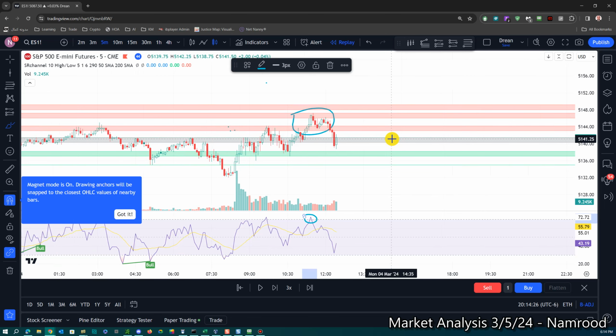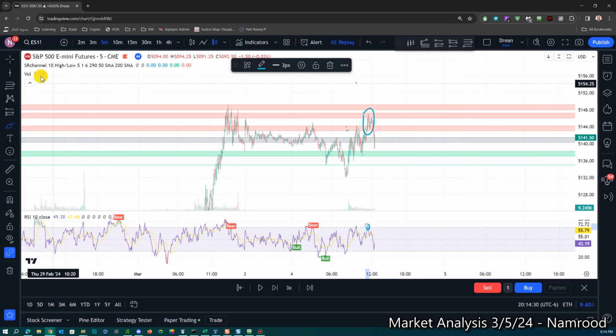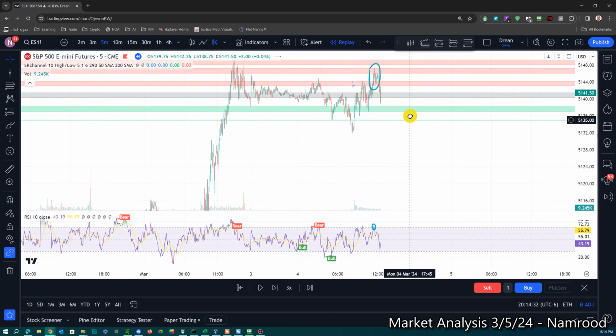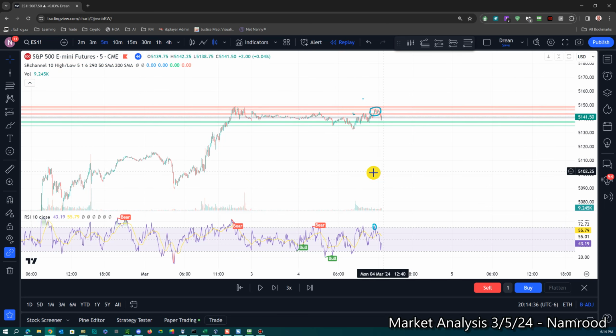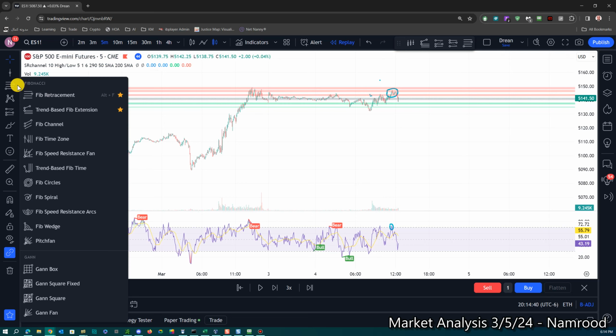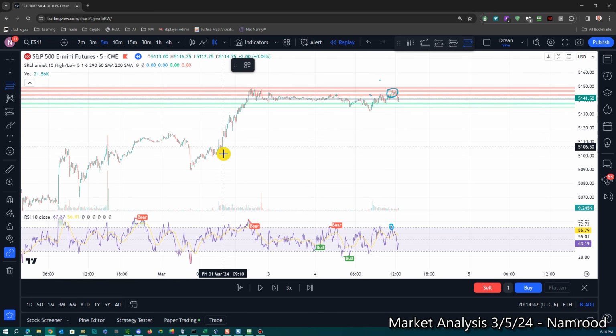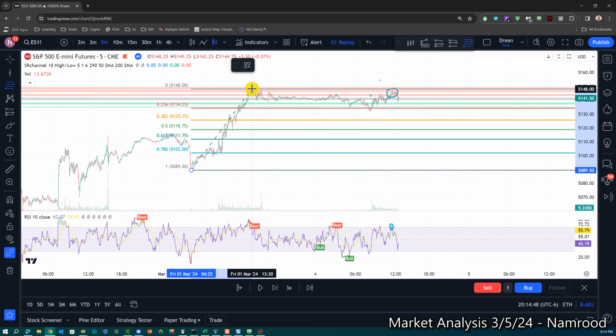And speaking about the fibs, we can actually take the fibs from here so that you can see the whole picture in front of you. So considering this is 5 minutes, I'm gonna take the lowest point to the highest point here.